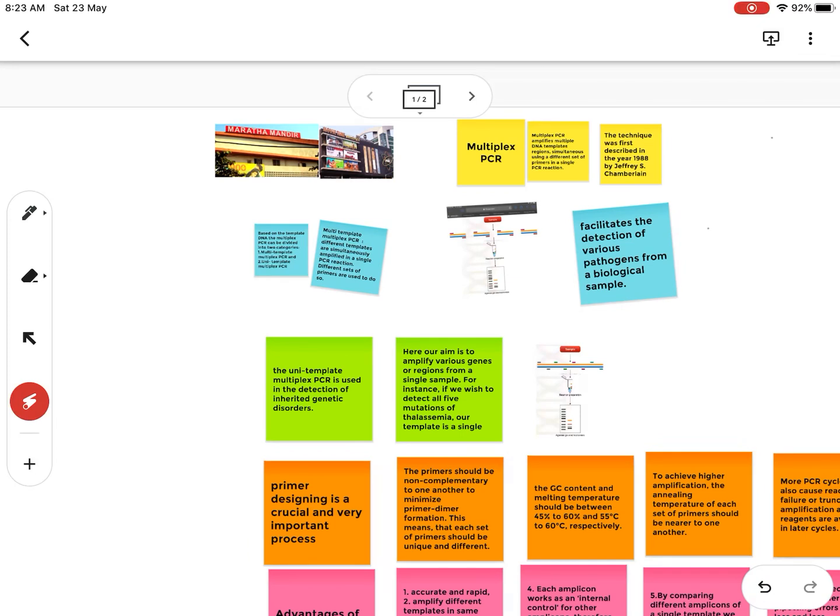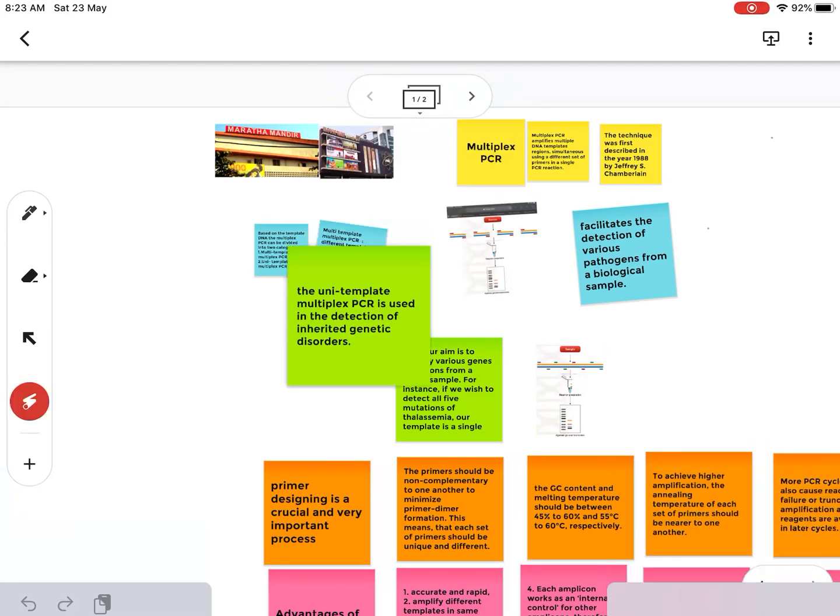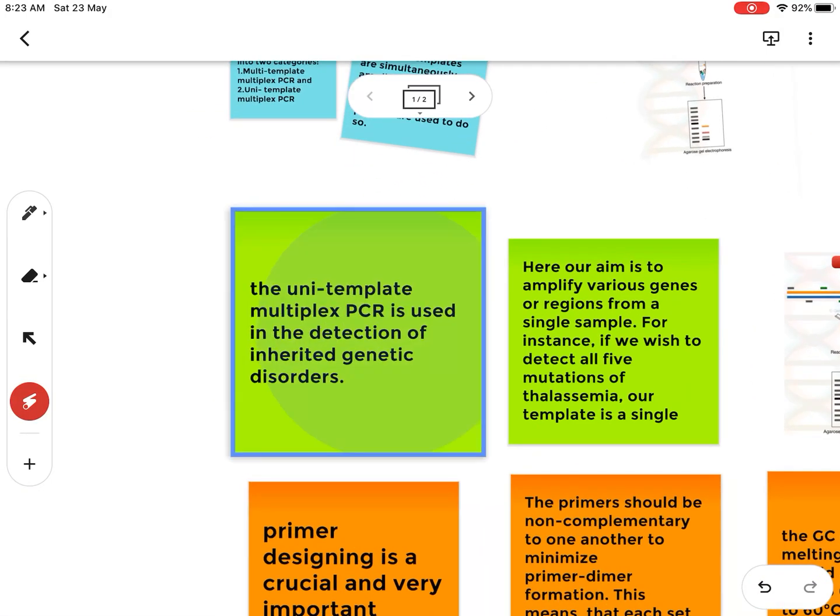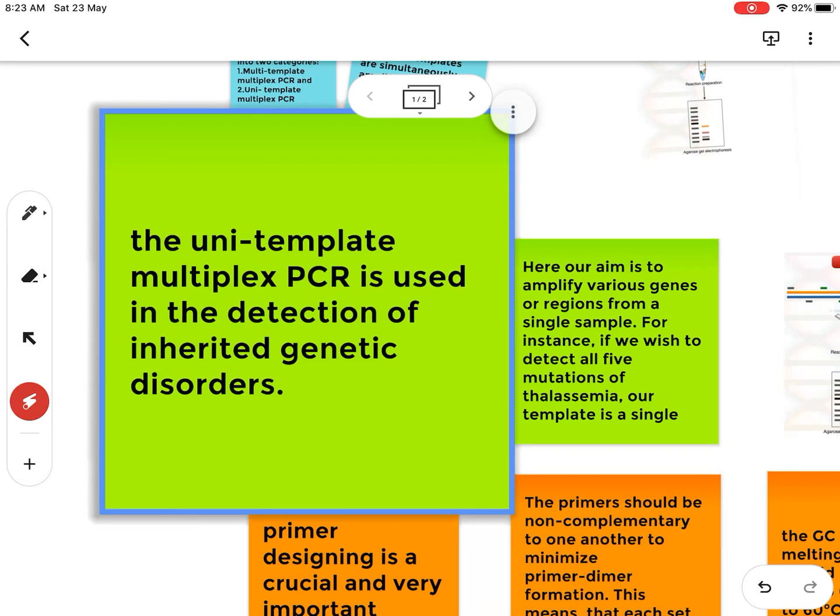Then the second type is uni-template multiplex PCR. The uni-template multiplex PCR is used in detection of inherited genetic disorders. Here our aim is to amplify various genes or regions from a single sample.